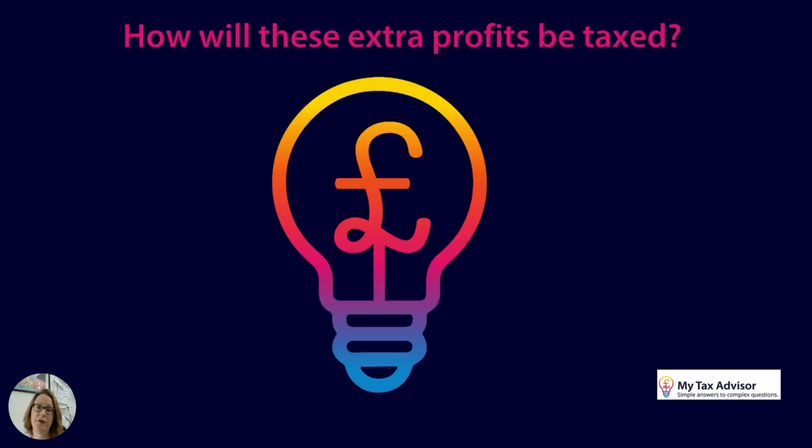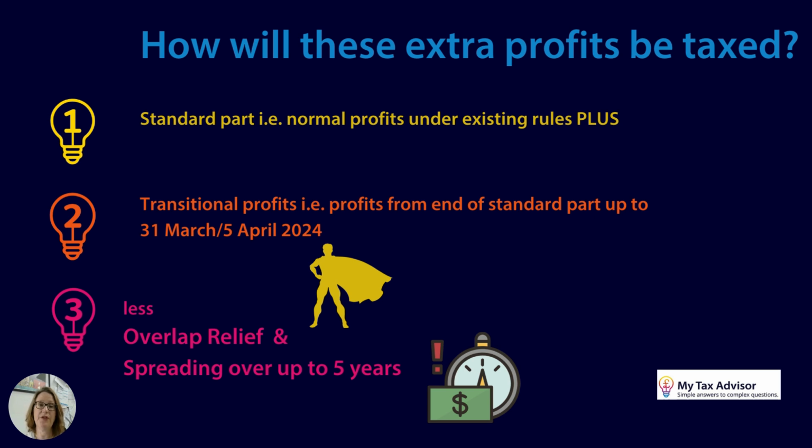How are these extra profits going to be taxed? That's really the question we all want to ask. So the standard part is taxed under the normal rules, business as usual. The transitional part, which is the extra bit of profit, is also going to be brought in. And then against that, you will deduct overlap relief, which is a relief figure that's existed in your accounts back from the early days of self-employment, most likely.